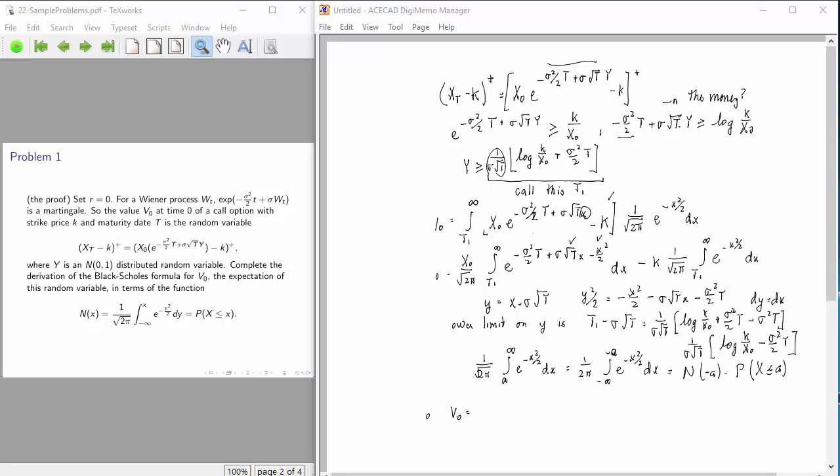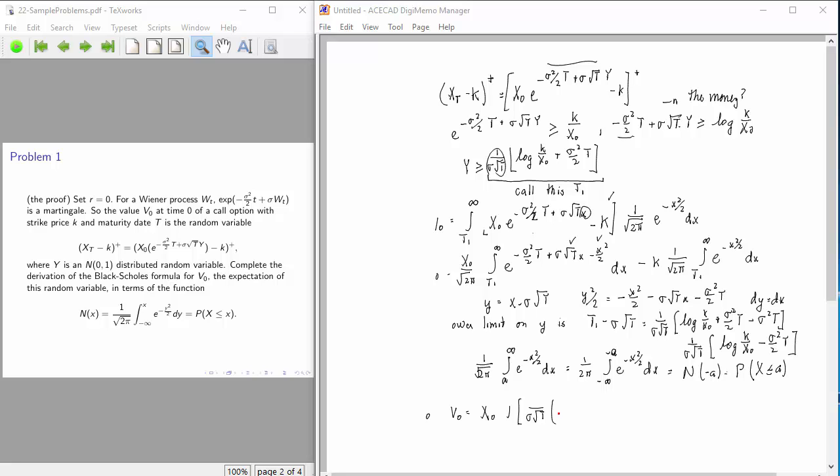First term, we've got an x0, and we've got a normal distribution over y, where the limit of integration is now 1 over sigma root t.